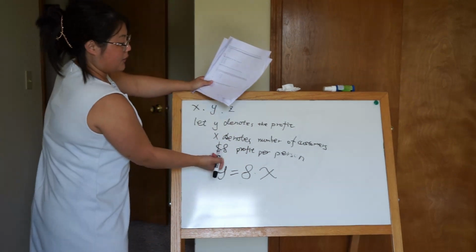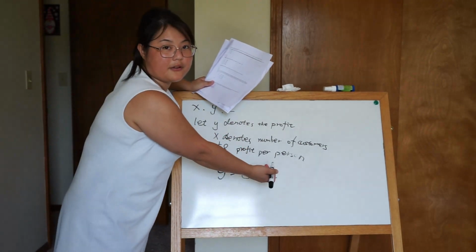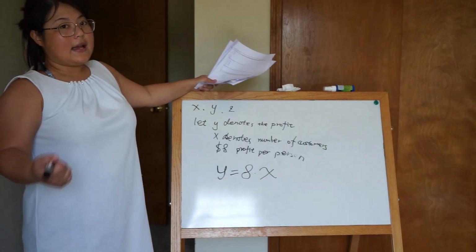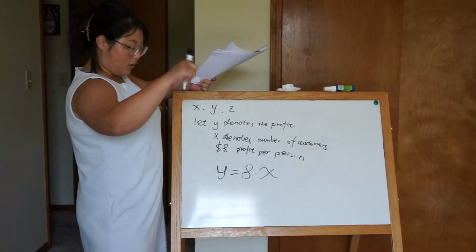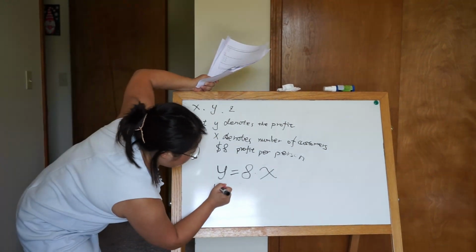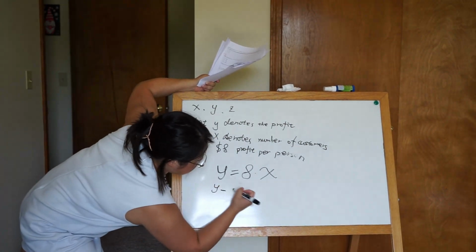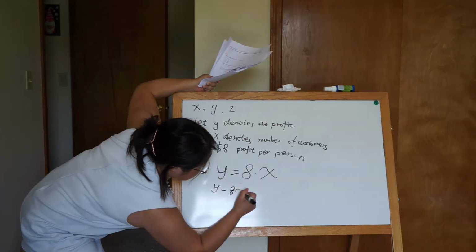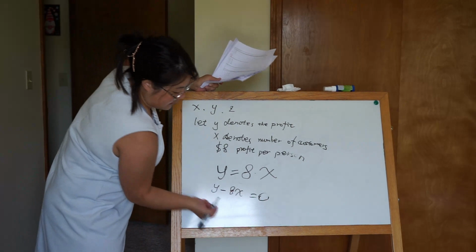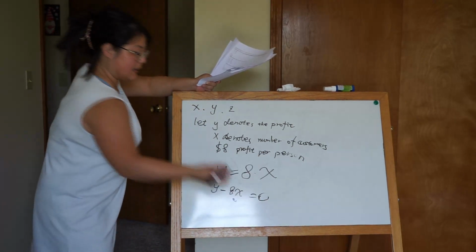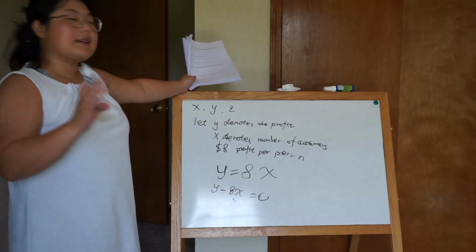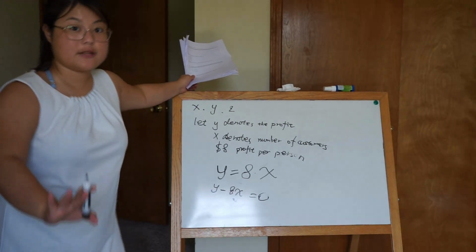But we know $8 is the profit for every person. And also we can get what? Our profit minus 8X equals 0, right? Profit minus profit, 0. Okay, so this is the equation.